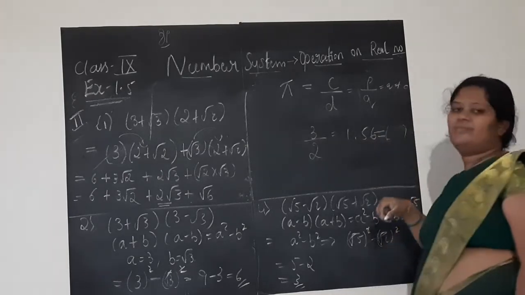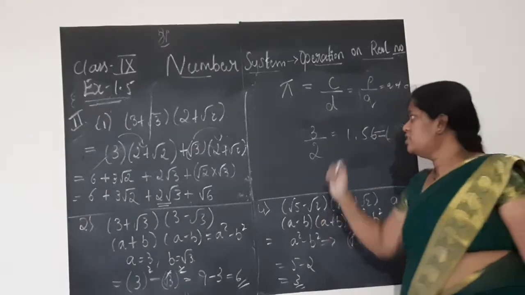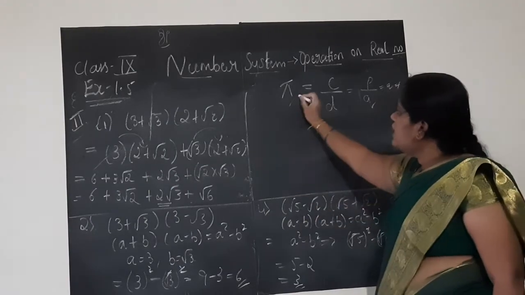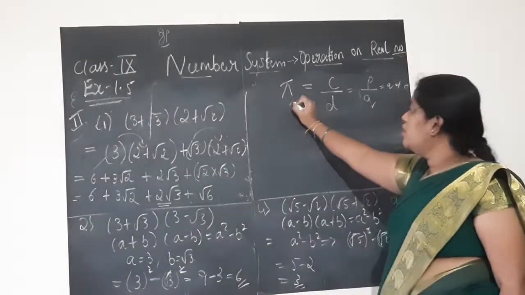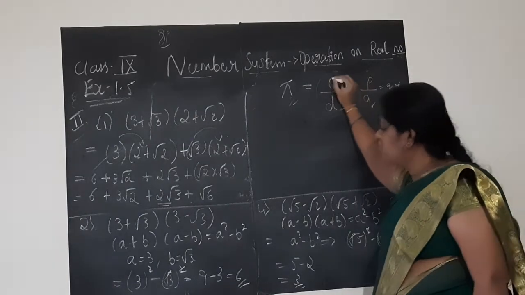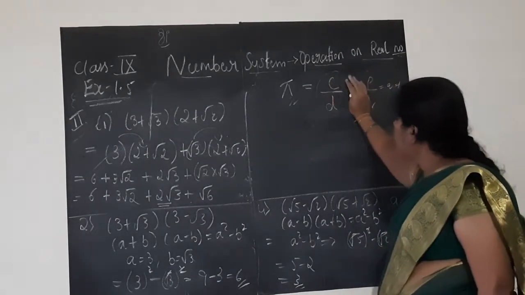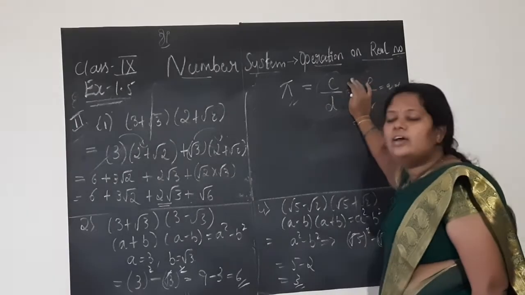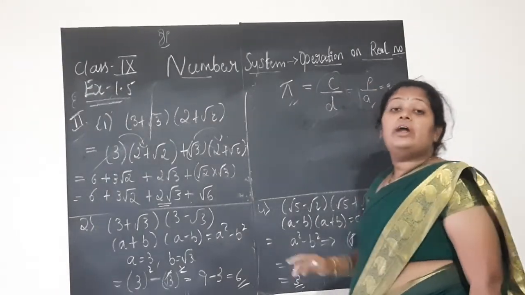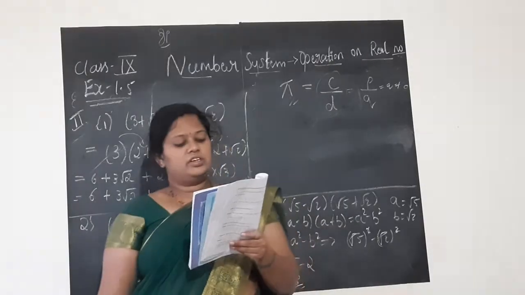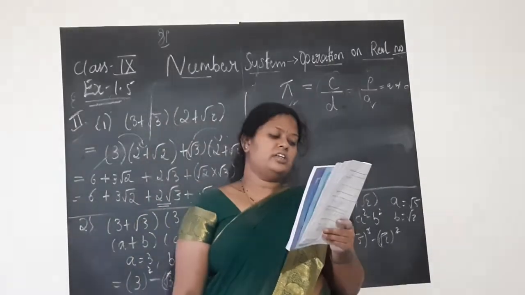So it does not have a fixed or constant value, which means pi is clearly irrational. So even if you take the ratio of C by D, the value we get is not the exact value but the approximate value. That is one sentence. Next question, children: represent square root 9.3 on the number line.